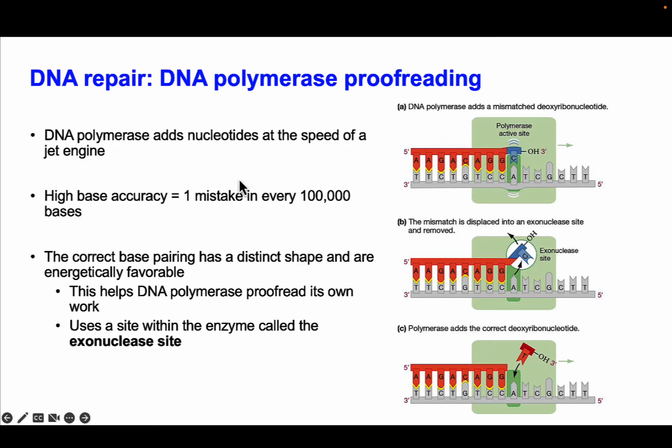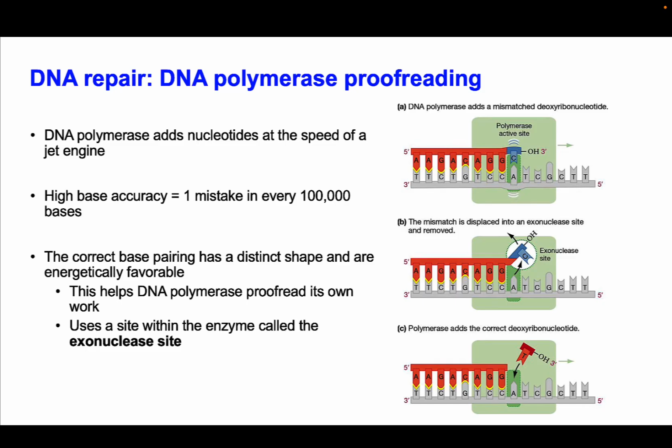So here, this green box is going to represent our DNA polymerase, and it has an active site in the enzyme, which brings in a base. And if this base is incorrect, so right here we have an A on the parental strand that's pairing with a cytosine, this would trigger the DNA polymerase's proofreading activity.